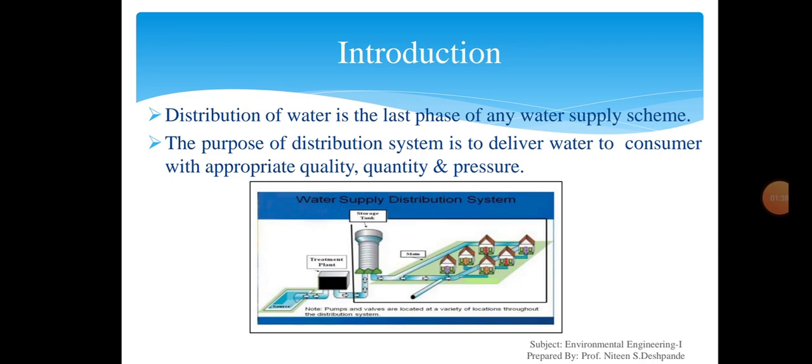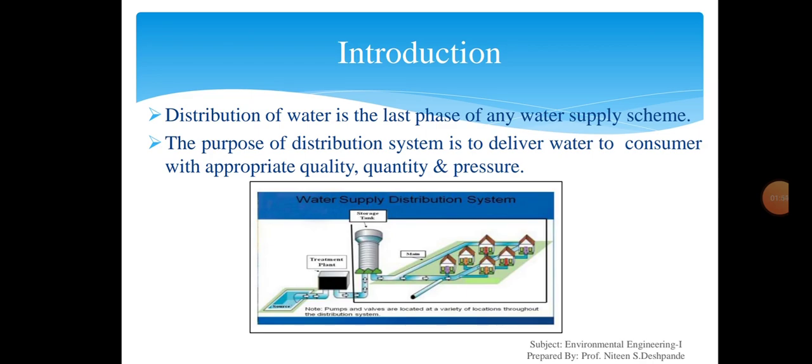The consumption of the water may be for residential, industrial, commercial or public purposes, etc. So the main purpose of the distribution system is to deliver the water to the consumer with appropriate quality, quantity and pressure. This is the main objective of the water distribution system.